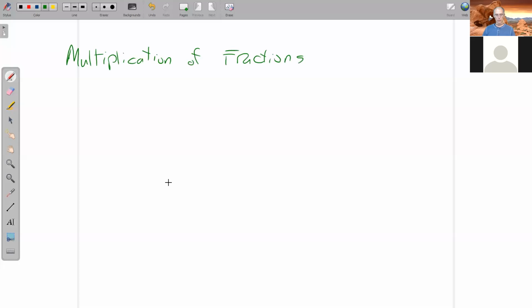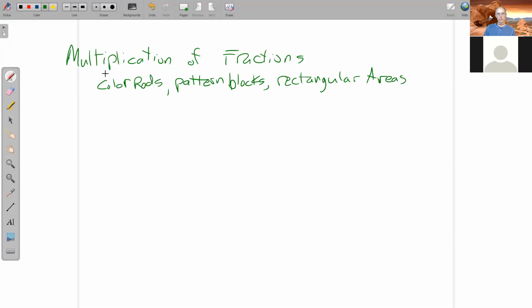And then we have these other toys that we can use, like the color strips or color rods, or the pattern blocks that we were playing with, or rectangular areas that we were drawing. The point of using those mathematical toys is we're trying to justify why we get a certain answer when we use those things.